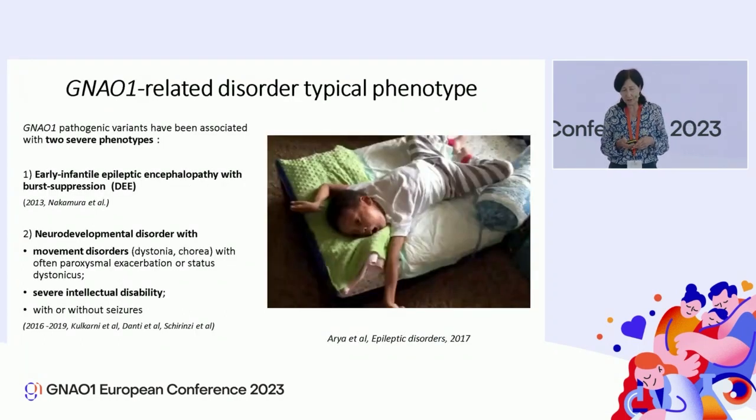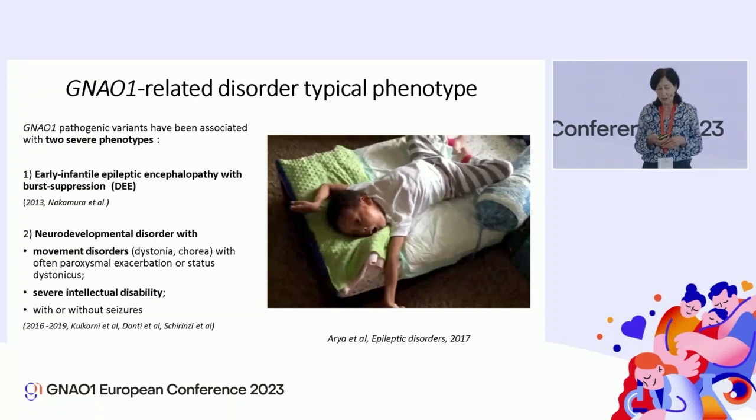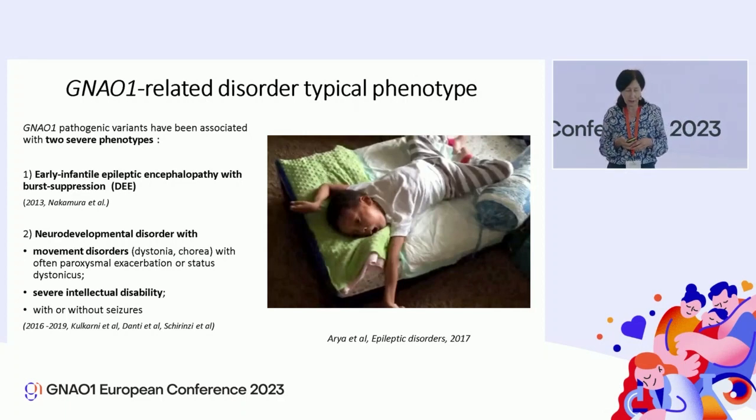GNAO1 pathogenic variants have been associated with two severe phenotypes. The first reported, in 2013, was early infantile epileptic encephalopathy with sometimes suppression bursts.